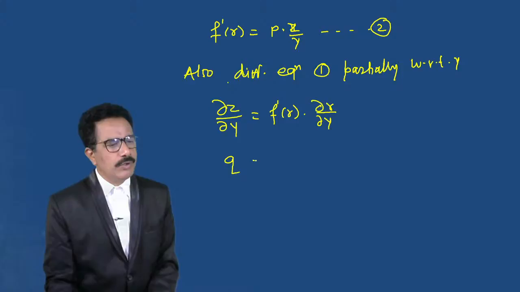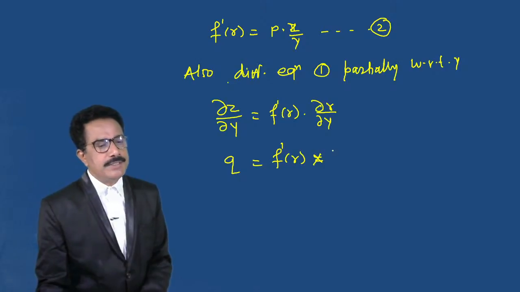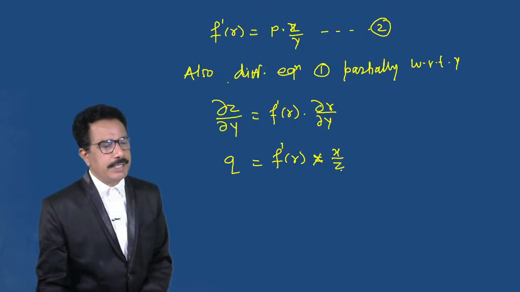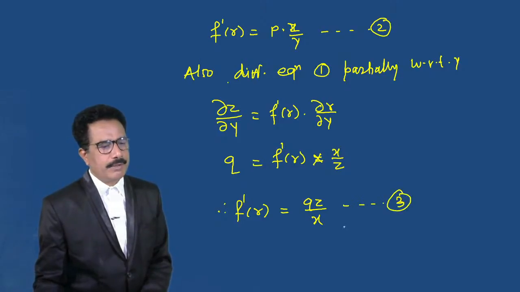It is denoted by q, f dash of r into dou r by dou y, which means x divided by z. So we can write f dash of r is equal to q z divided by x. Suppose this is equation number 3.